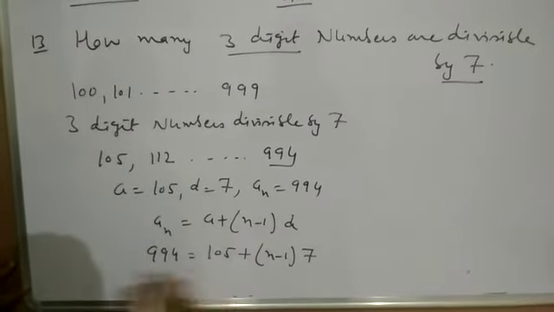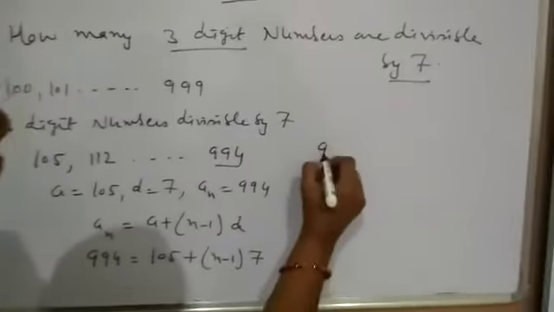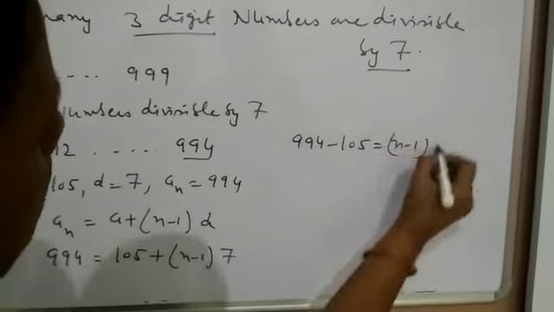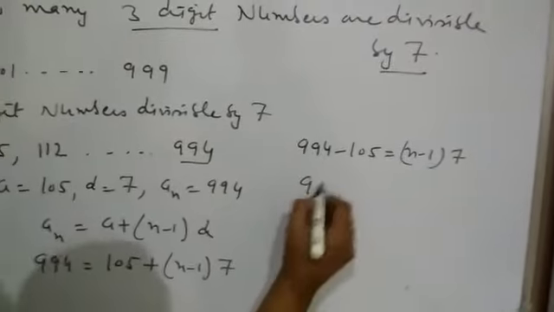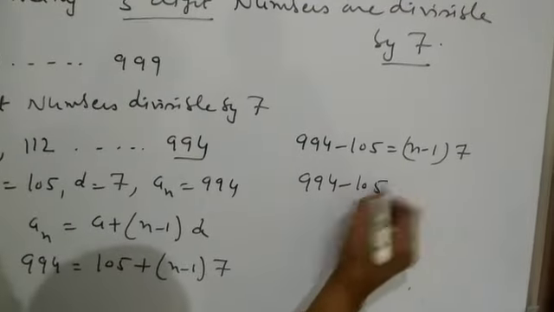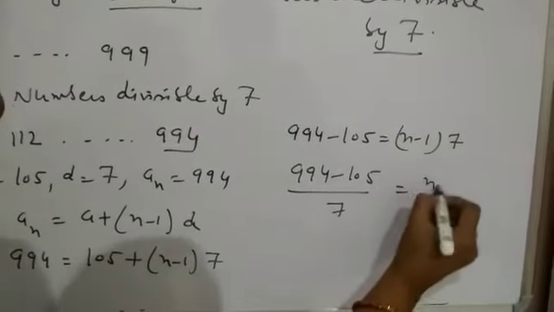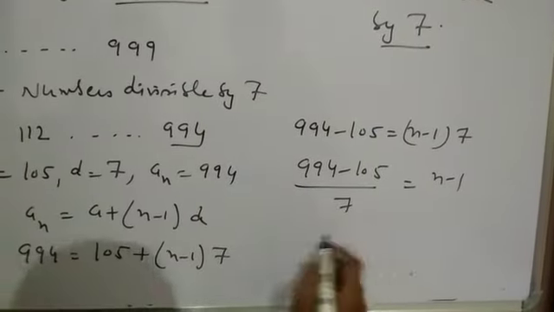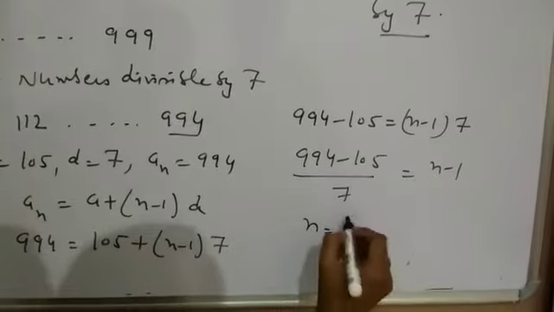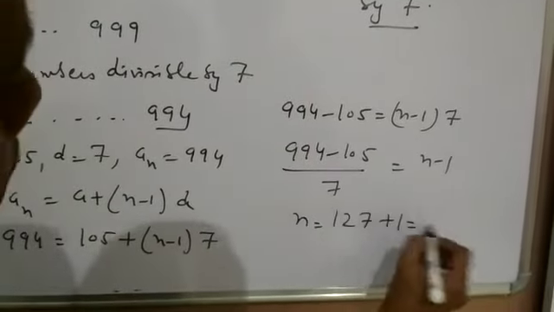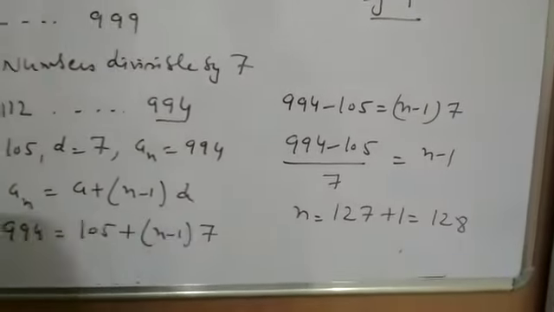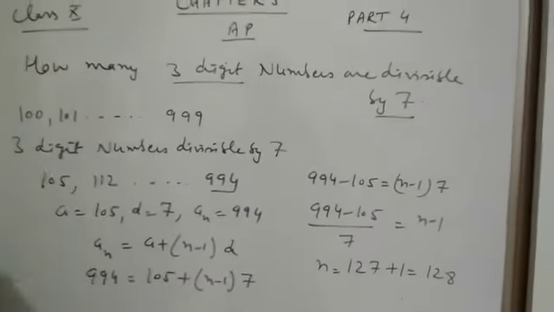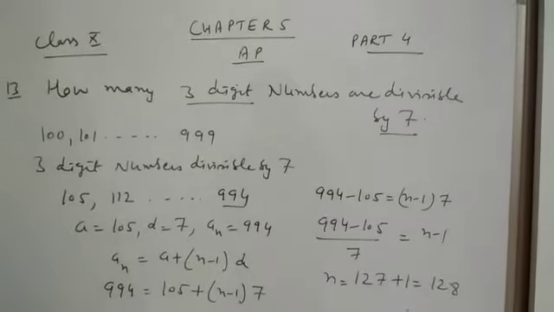Now for simplification, a will be shifted: 994 minus 105 equals n minus 1 into 7. So 994 minus 105 divided by 7 is equal to n minus 1. Now you will simplify it to find n. It is 127 plus 1, 128. So there are 128 3-digit numbers which are divisible by 7.